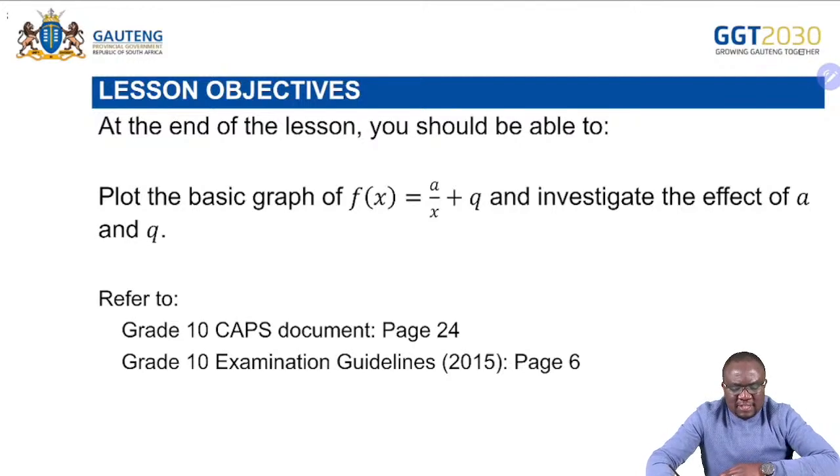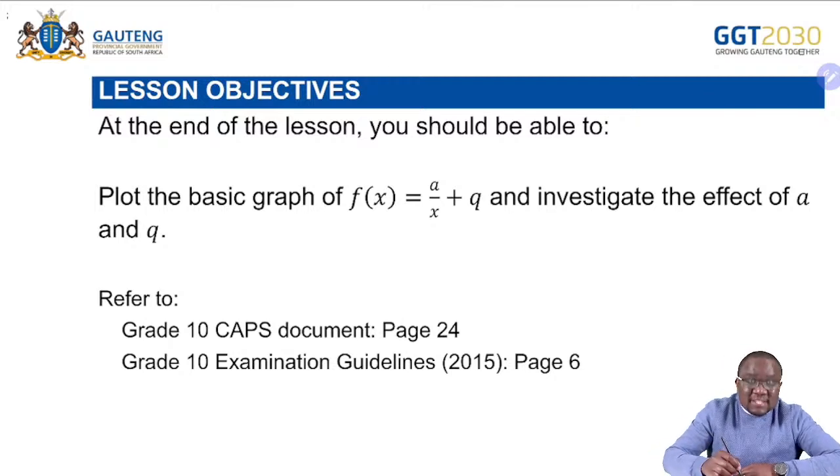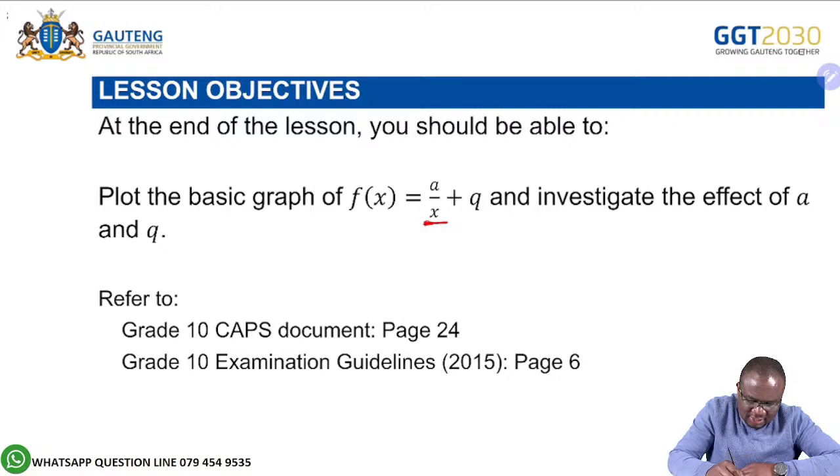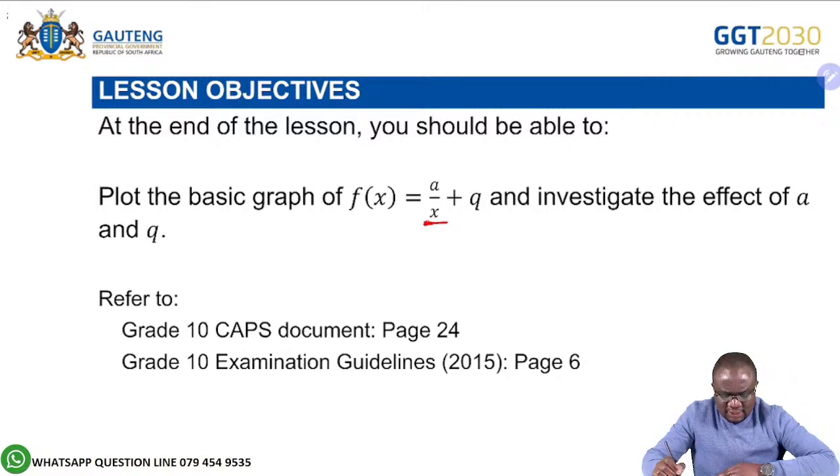At the end of the lesson, you should be able to plot the basic graph of f of x equals a over x, plus q. We have dealt with these ones.